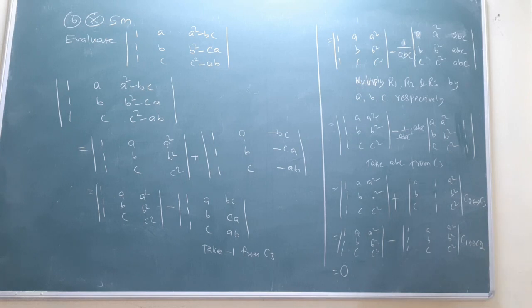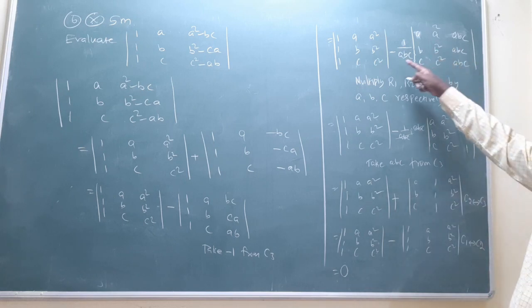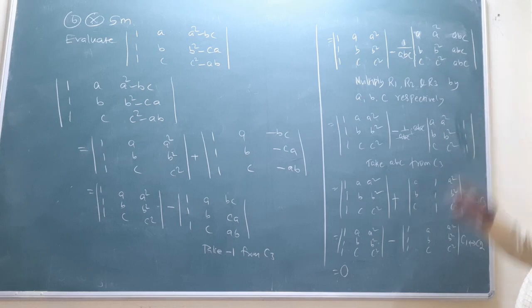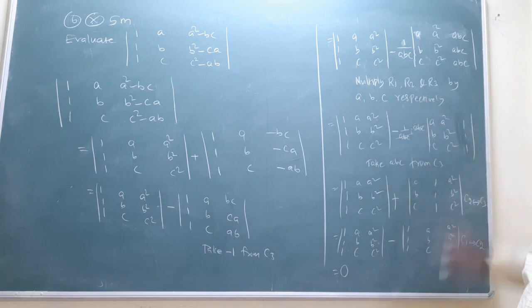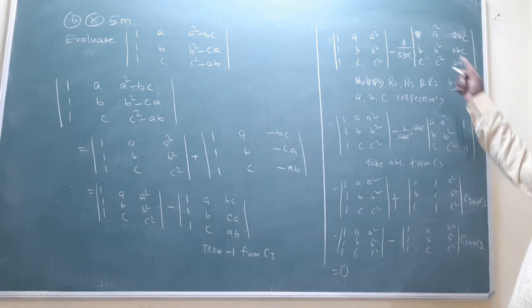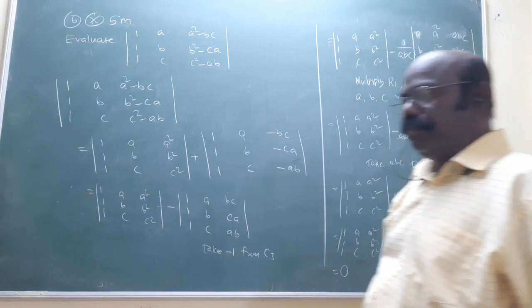That is the rule. First row multiply A divided by A, second row multiply B divided by B, third row multiply C divided by C. In this way, multiply R1, R2, R3 by A, B, C respectively. If you want to multiply one element, that element should be multiplied only by any one of the row or column. That's important. Not all elements. Any one of the rows, you want to multiply first row alone. That's important. That's all.